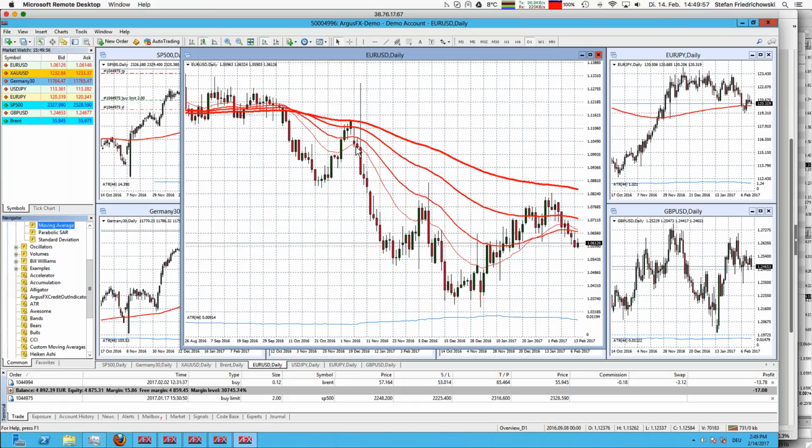Going south, correction. Going further south, correction. Going even further south, correction. That is, like in the textbook, the typical behavior of a downward trend, and that comes together with that EMA constriction.